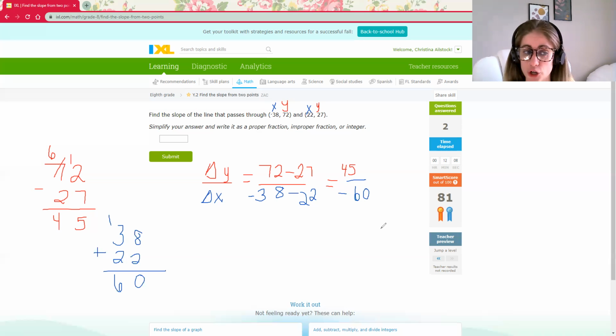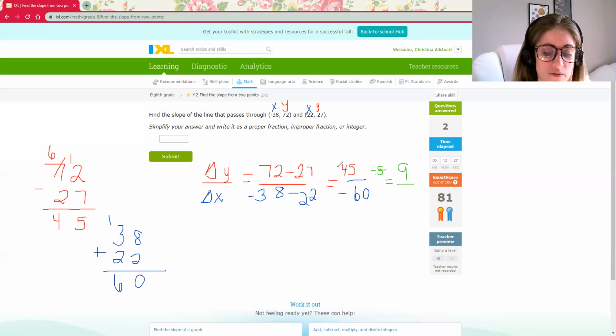So that's what I'm going to start off with reducing it by. So we're going to reduce and divide by 5. So let's see, 45 divided by 5 is 9. And then 60 divided by 5 is 12, so negative 12.